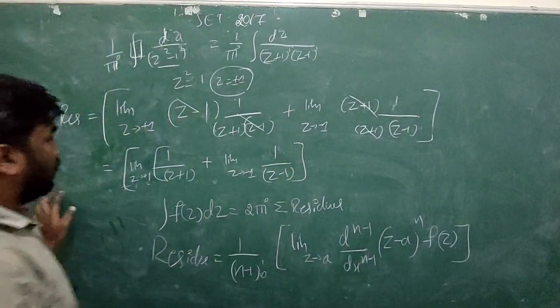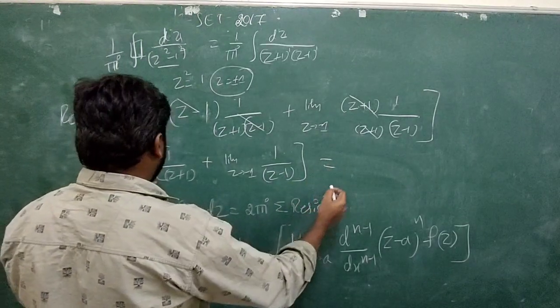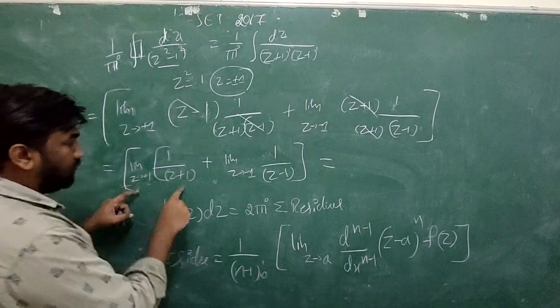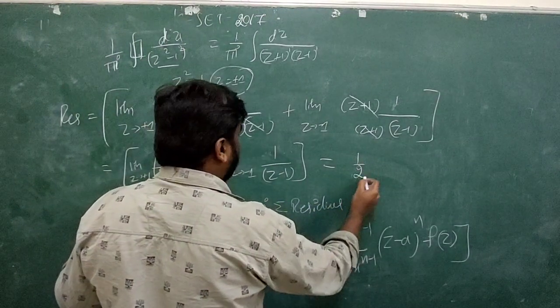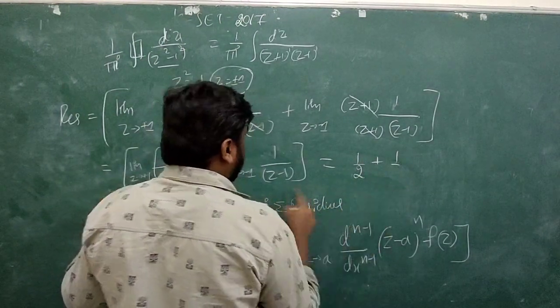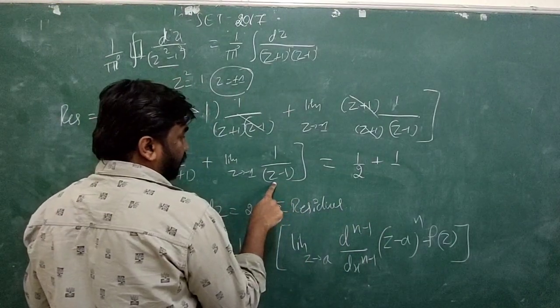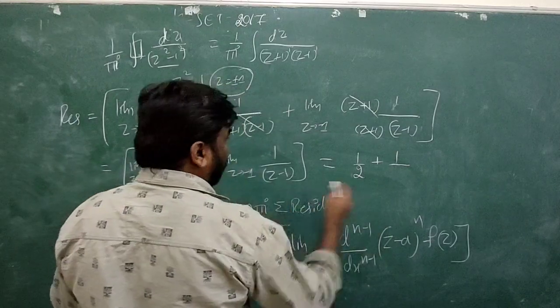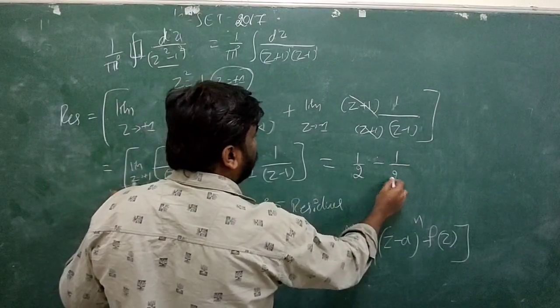Okay. So which is equal to z tends to plus 1. So 1 plus 1, 2, 1 by 2, plus 1 by, here z is equal to minus 1. So minus 1 divided by minus 2.